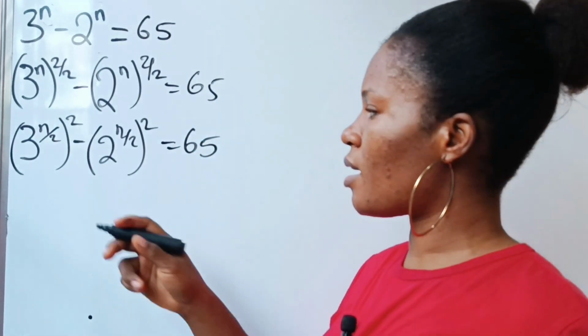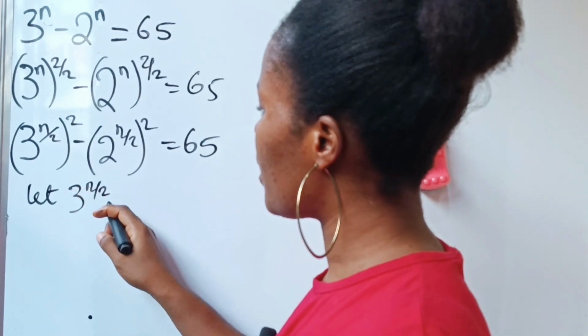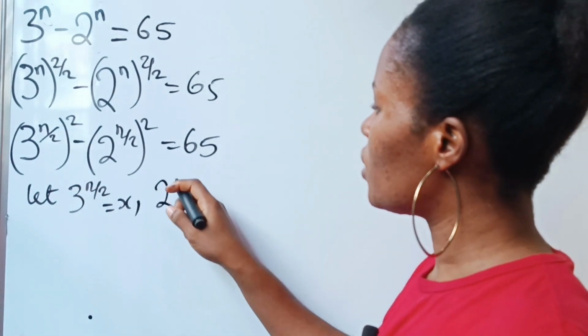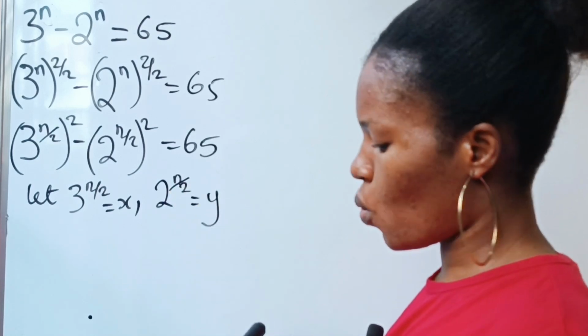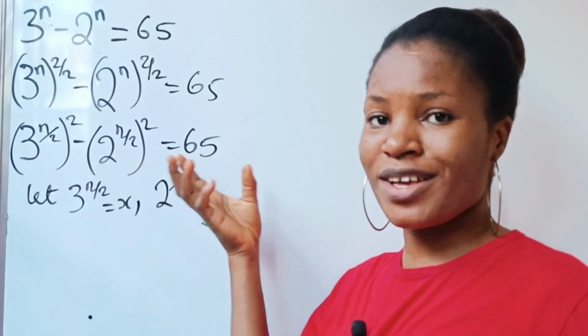Now we can say let 3 to the power of n divided by 2 be equal to x, and 2 raised to the power of n divided by 2 be equal to y. Now notice that I have established a difference of two squares here.